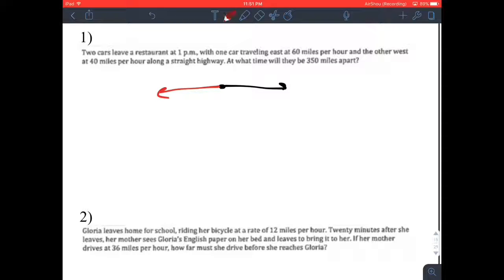The one that goes east, its rate is 60 miles per hour. The one that's going west, we'll call that rate 2, is 40 miles per hour. At what time would they be 350 miles apart?